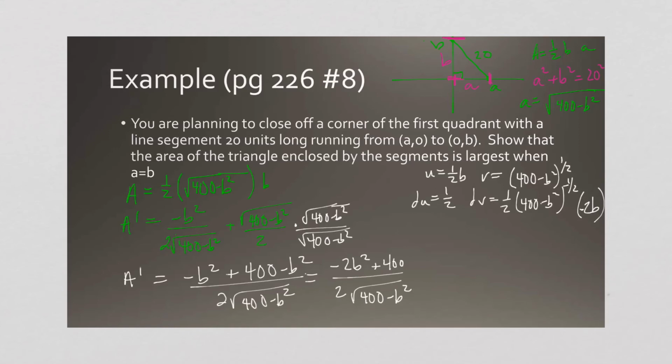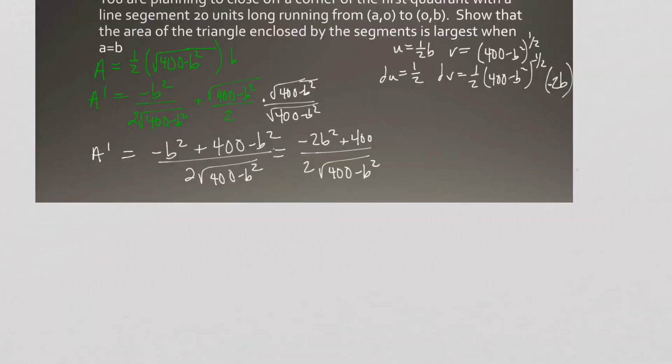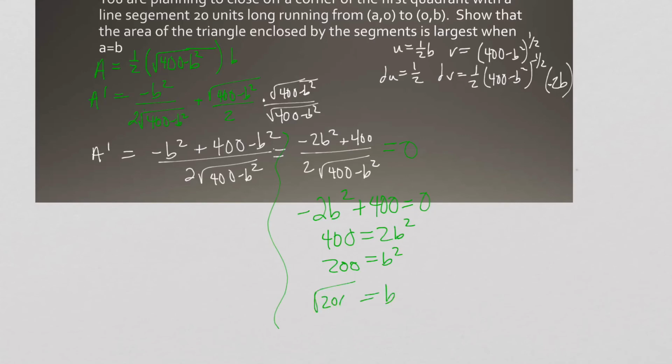So now I have to set that guy equal to 0. If that equals 0, and I multiply both sides by the denominator, I end up with negative 2b squared plus 400 equals 0. Add your 2b squared to the other side. Divide. So b is the square root of 200.